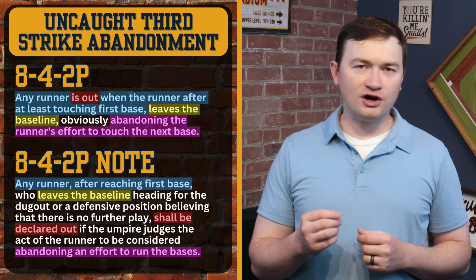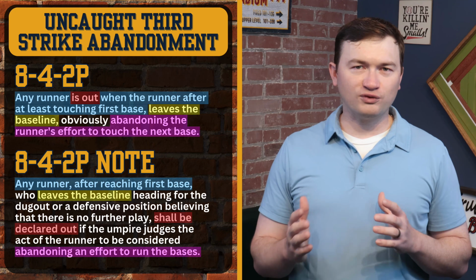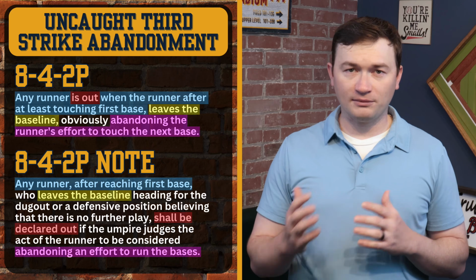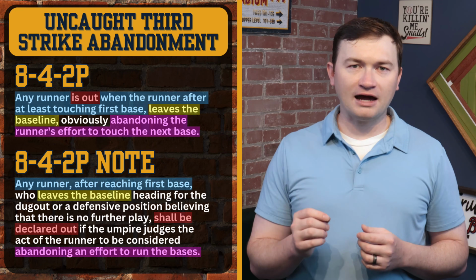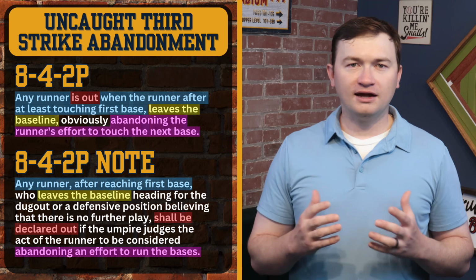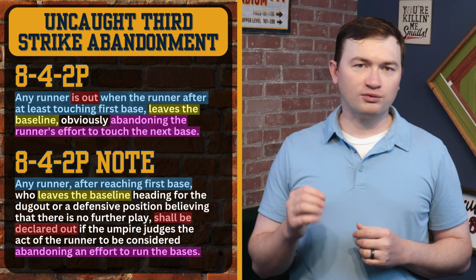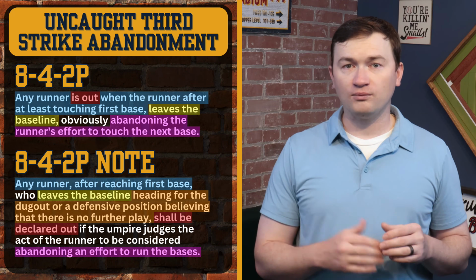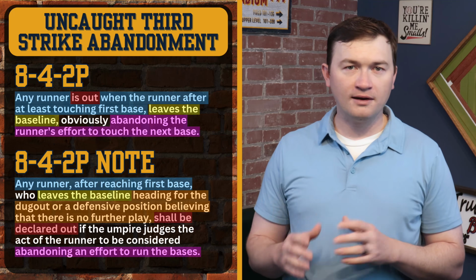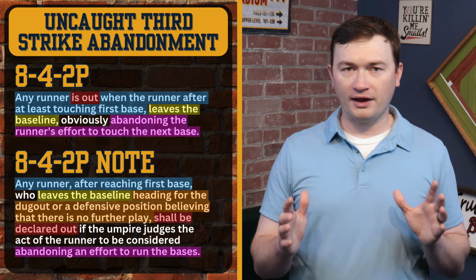Now, when we look at the note underneath the rule, most of it is really just a reshuffling of the same language, but it does add one helpful idea. It tells us why the runner might leave the baseline. The note says the runner may be heading to the dugout or to a defensive position, believing that there's no further play.